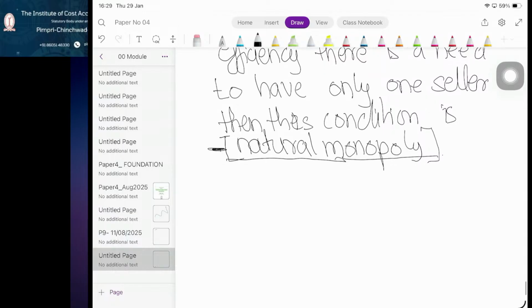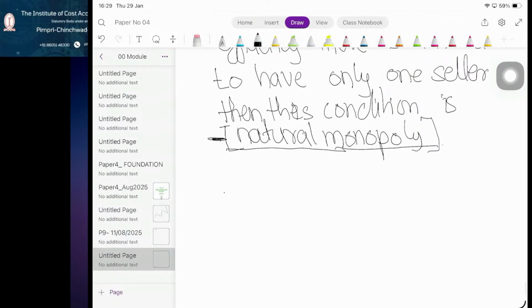Okay, so we have now seen two market structures which are opposite of each other: perfect competition and monopoly. We are required to learn two more market structures.